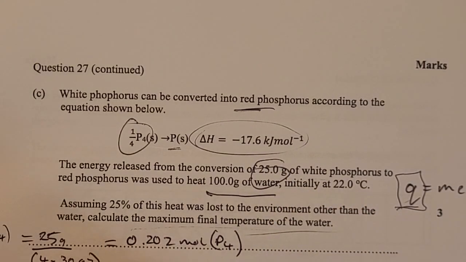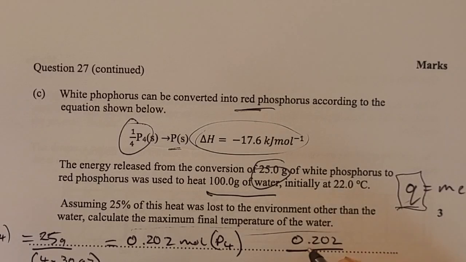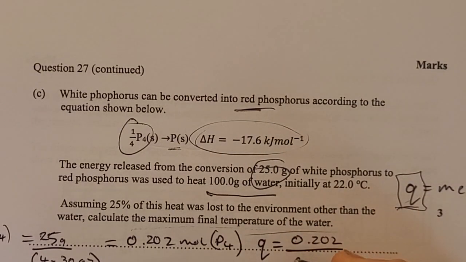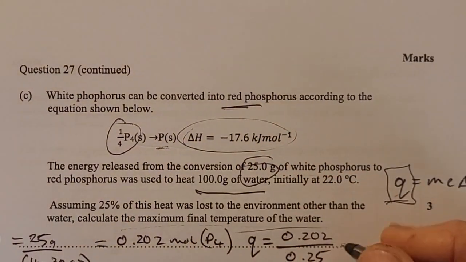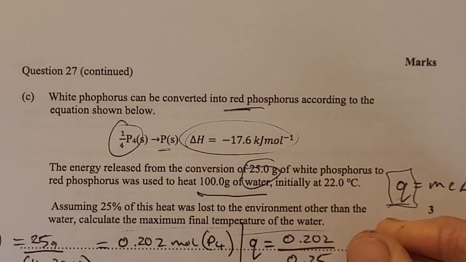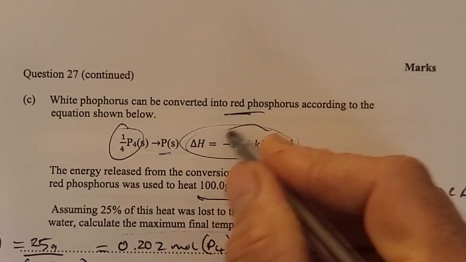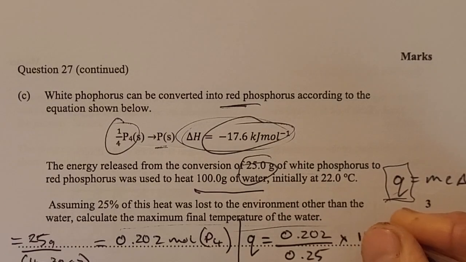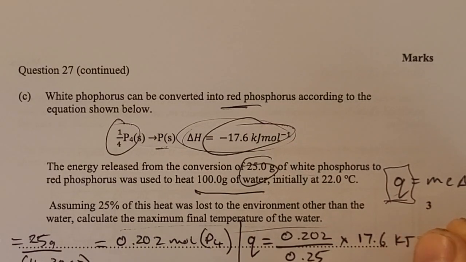So 0.202 divided by 0.25, times the heat as a positive number, 17.6 kilojoules.